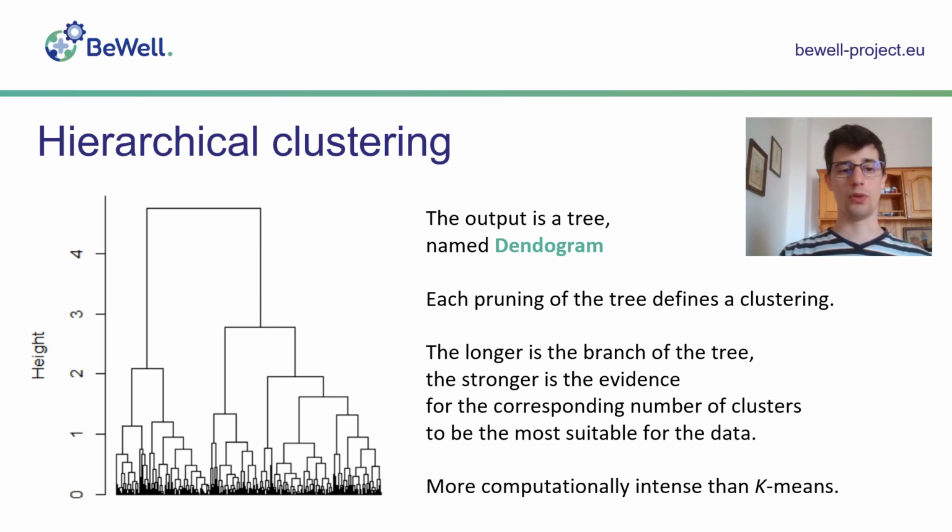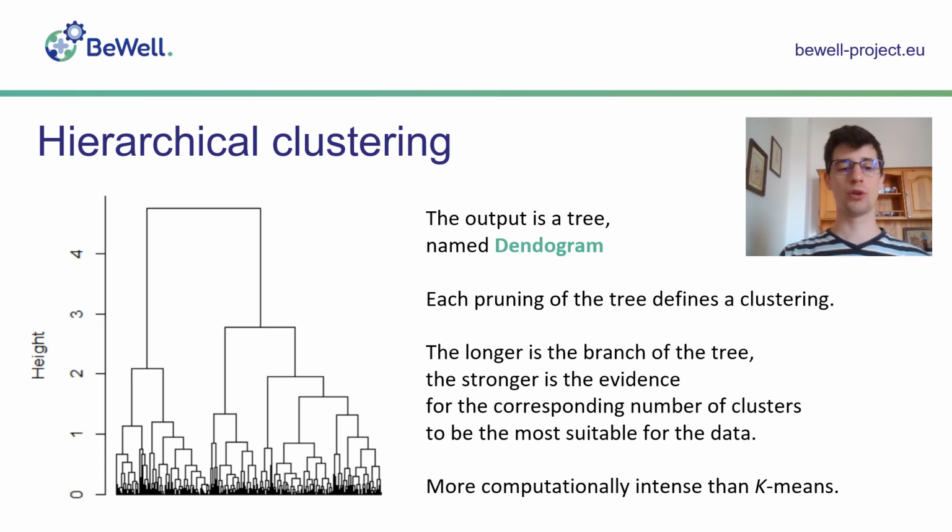The final output of hierarchical clustering is a tree, named dendrogram, which is displayed in the slide. The idea is that this tree must be horizontally pruned to identify a specific clustering whose number of clusters is equal to the number of branches that have been cut. An example will follow in the next slides.